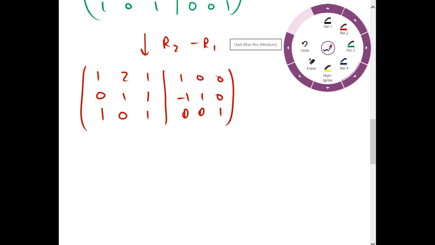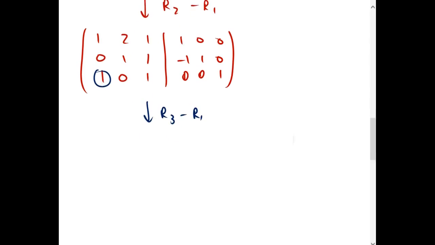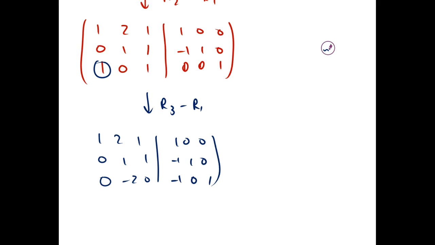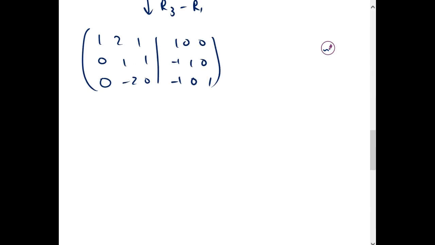Then we take R3 minus R1, so we can get a 0 here. That gives us 0, negative 2, 0, negative 1, 0, 1.